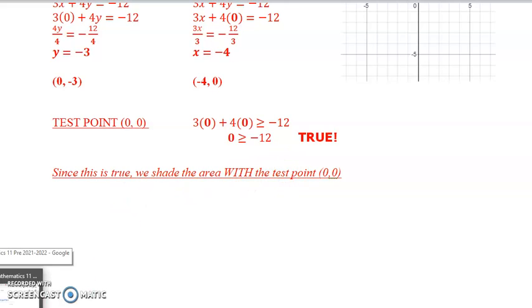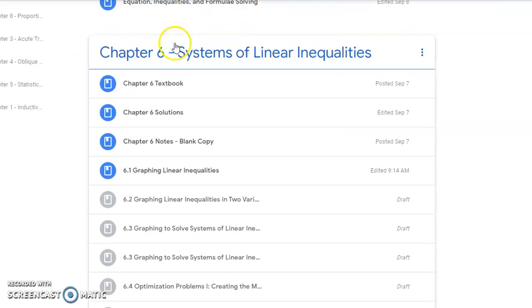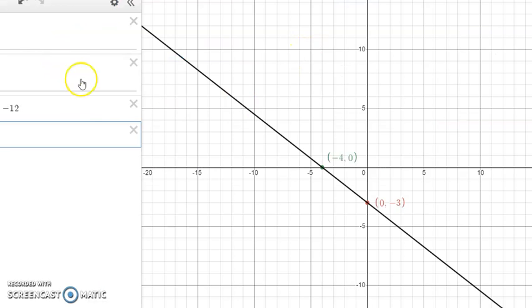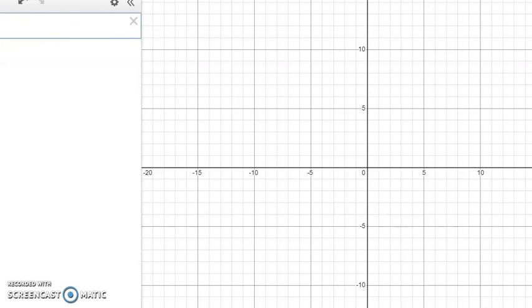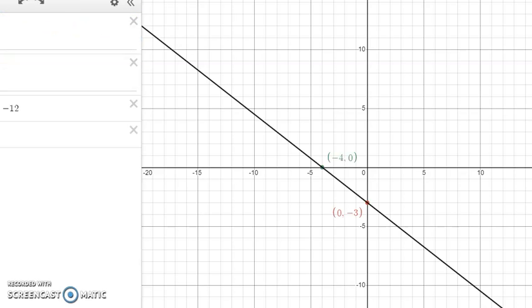So we'll go to our Desmos program. There's our inequality. Now we're going to graph the inequality on the correct side. So put a line, shade the region.